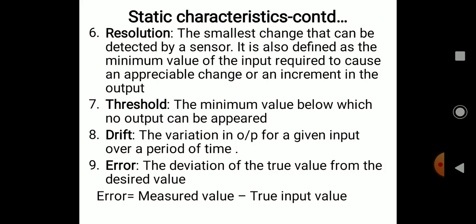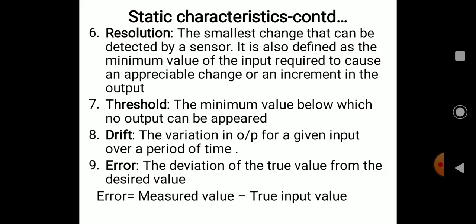Suppose after 3 or 4 months, the same instrument under the same conditions, if you give the same input values, it will not give the output values which you got months back. For example, if you take a pressure gauge, suppose we are putting 1 bar, 2 bar, 3 bar, 5 bar pressure and take the output.